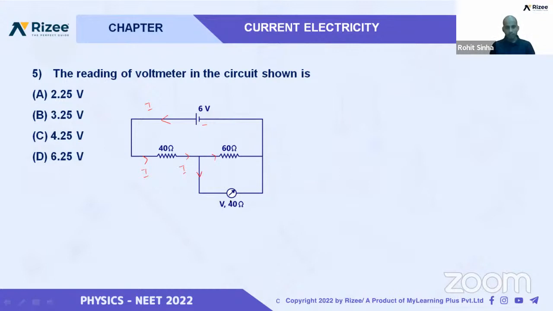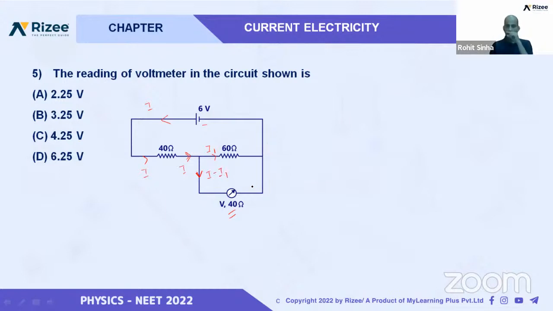You see here, the resistance of the voltmeter is also given. We will assume from here I is coming and I1 will go here. Then how much current will go through this voltmeter? We'll say I minus I1.